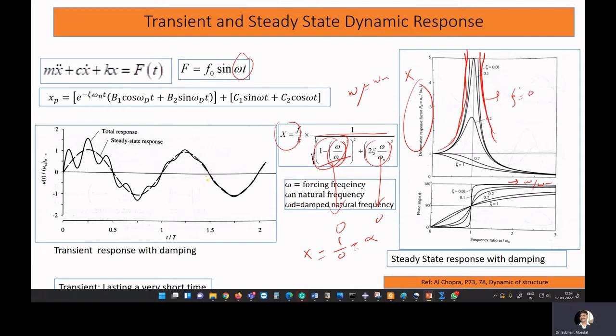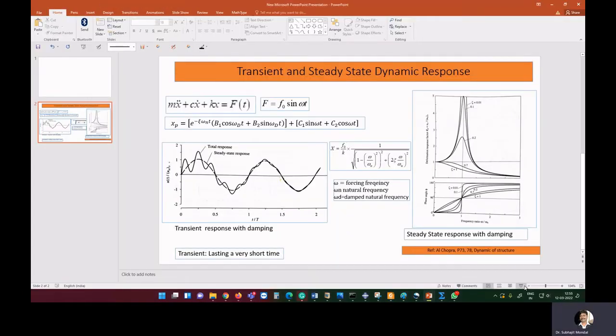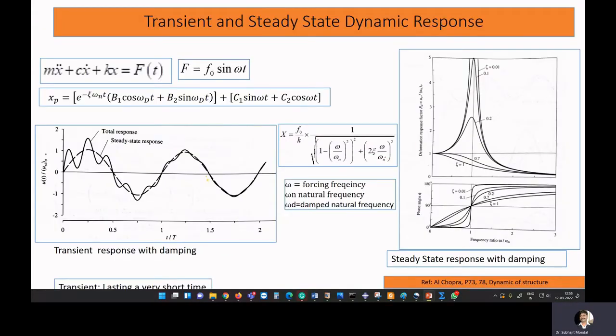Now, if we have a system where you have a little bit of damping, you can assume some damping factor zeta here, say 0.01. And if omega is close to omega n, when the forcing frequency is close to your natural frequency, we get resonance.